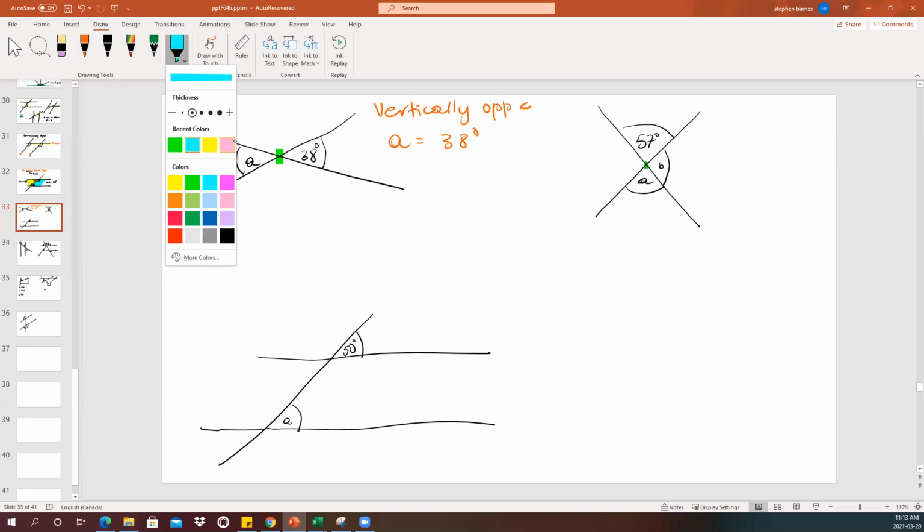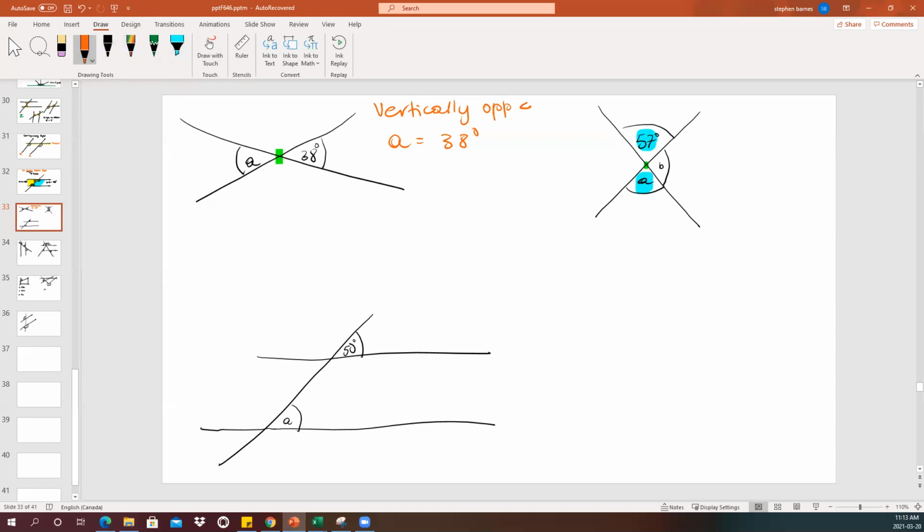A is vertically opposite from the 57 degrees angle, so I'm going to use the vertically opposite property here. Because they're vertically opposite, we can say A is equal to 57 degrees, all right?